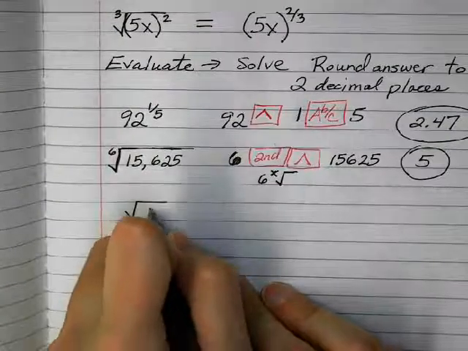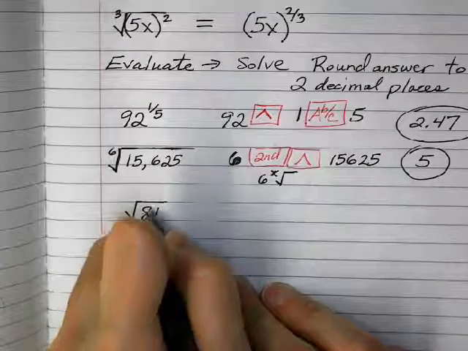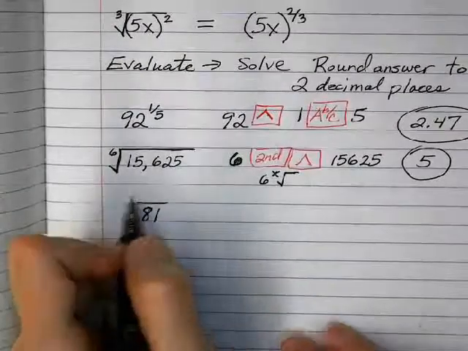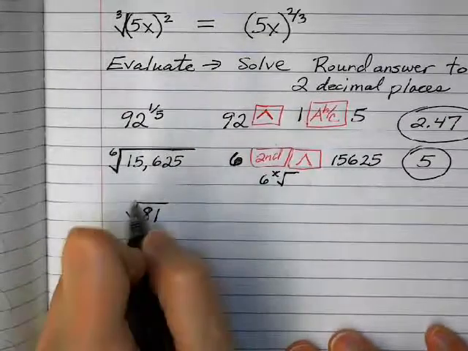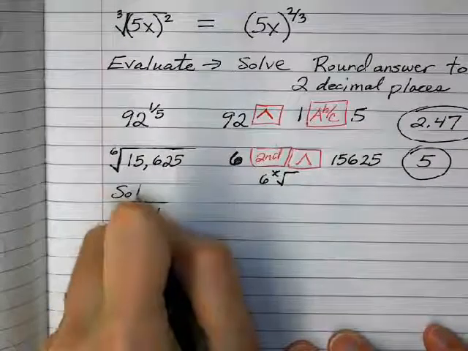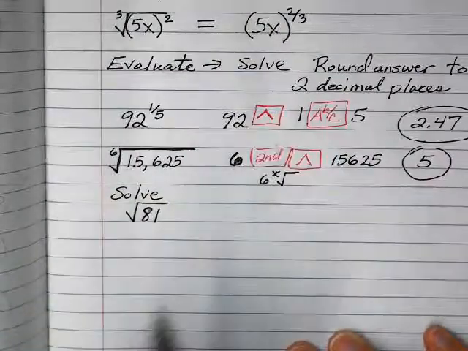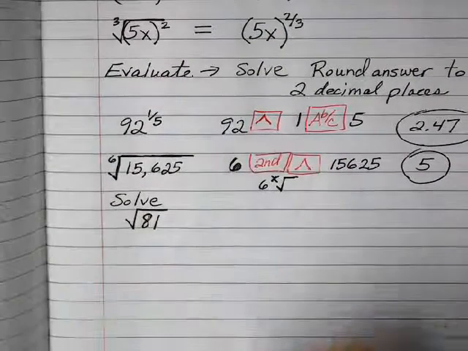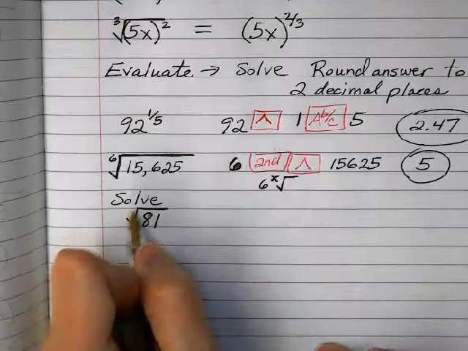I want to remind you of something. If they tell you to solve something like the square root of 81, remember, if it doesn't have a number in the front, it is a 2. This one's called a square root.